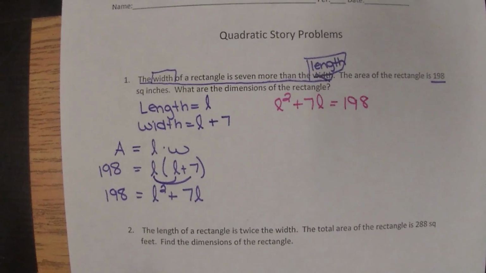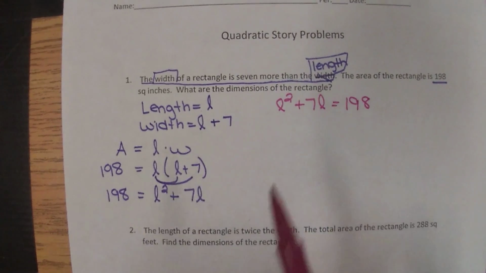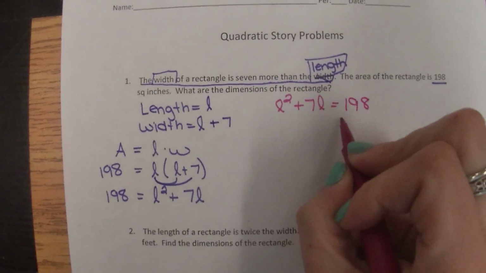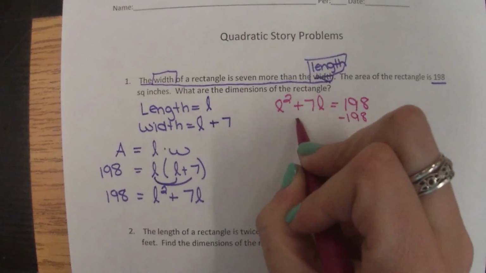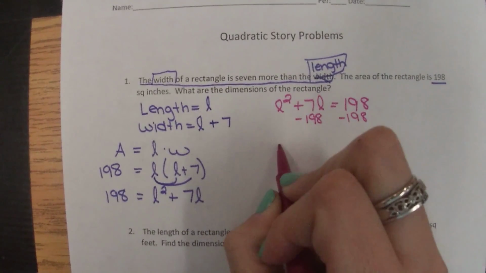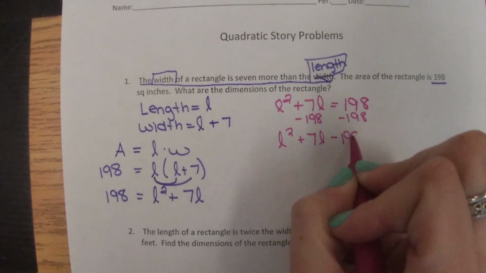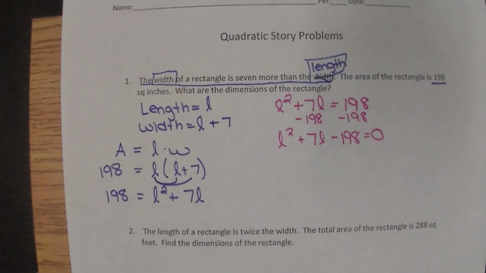Okay, we then want to solve this. So B's odd, so probably not for the majority of you going to go with completing the square. So we can set this equal to 0. So we'll say L squared plus 7L minus 198 equals 0.